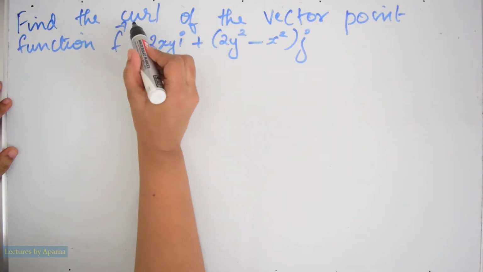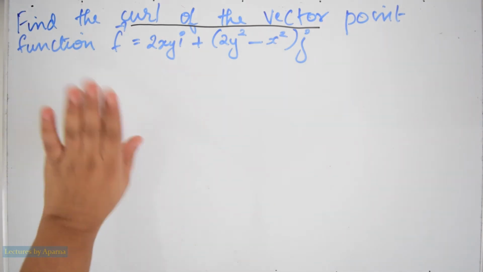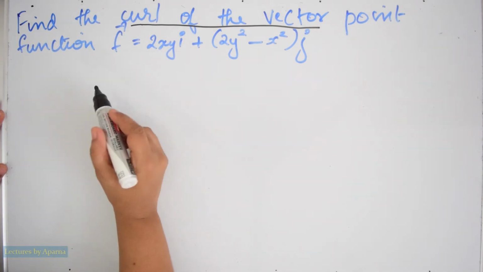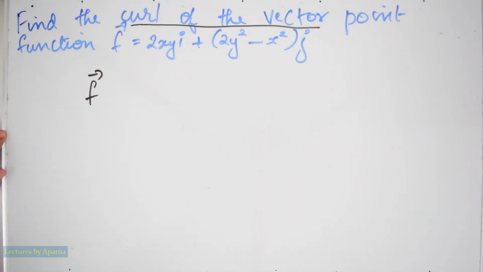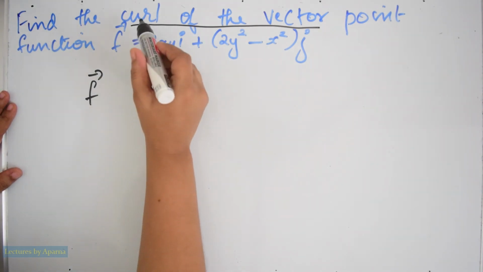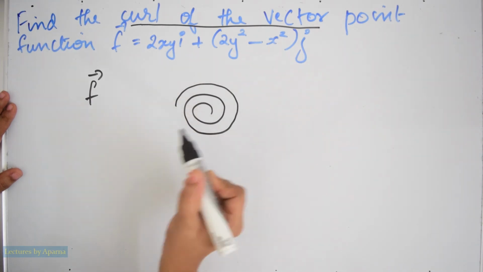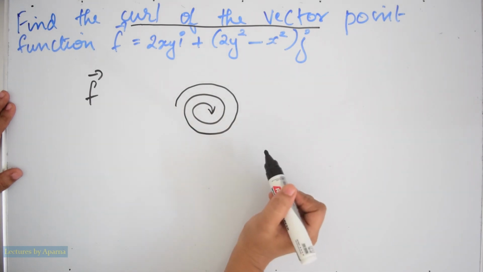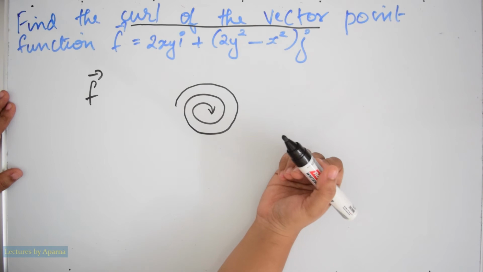In this question we have to find the curl of the vector point function. What is the physical meaning of curl? If there is a vector point function f, say a fluid or something, curl is the tendency of that fluid to swirl, like it happens in water bodies.